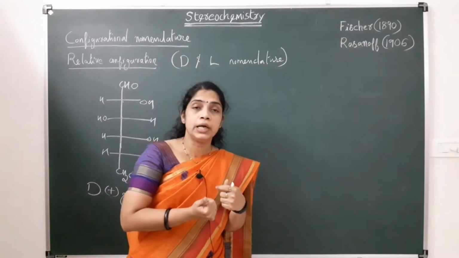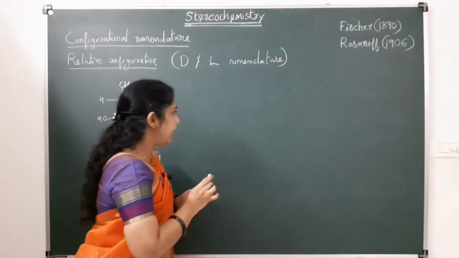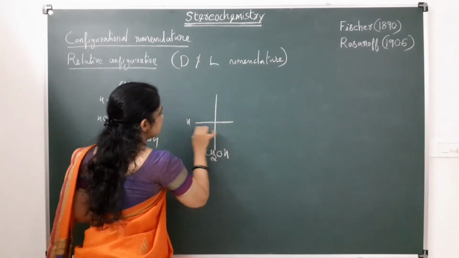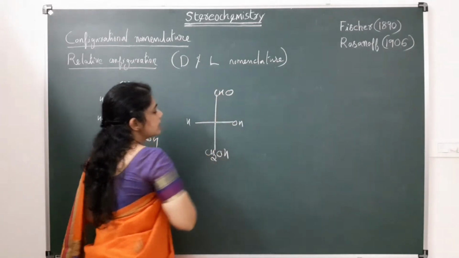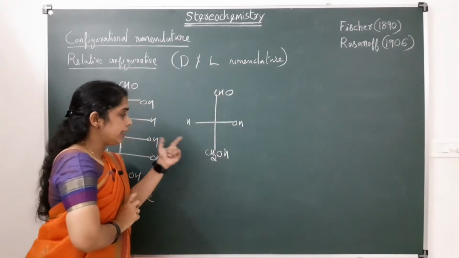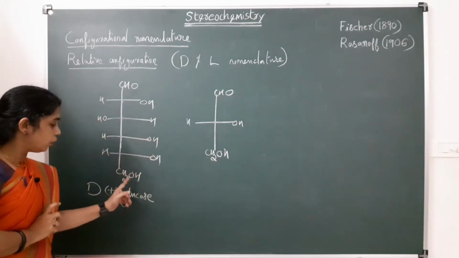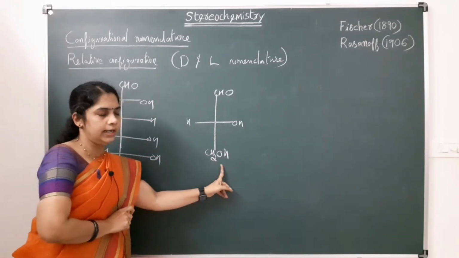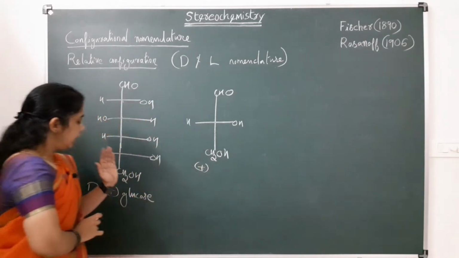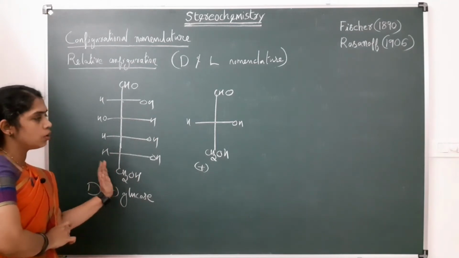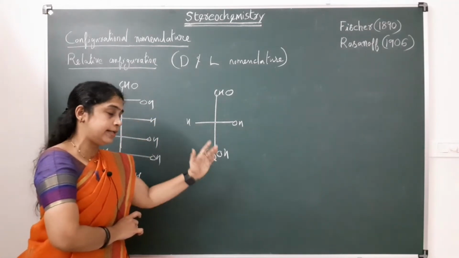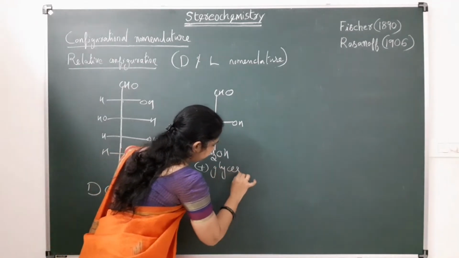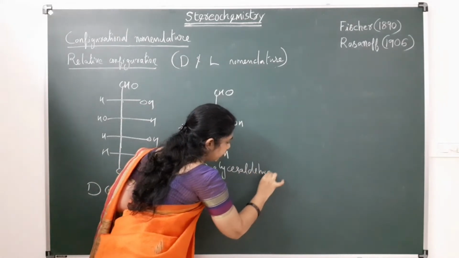And later he found that glyceraldehyde, which is CH2OH, CHOH, CHO, is related to glucose. This glucose molecule can be synthesized from plus glyceraldehyde, or this D plus glucose can be degraded or decomposed into plus glyceraldehyde.